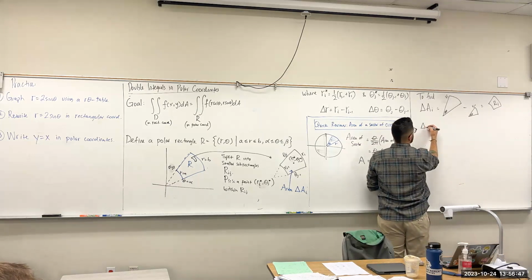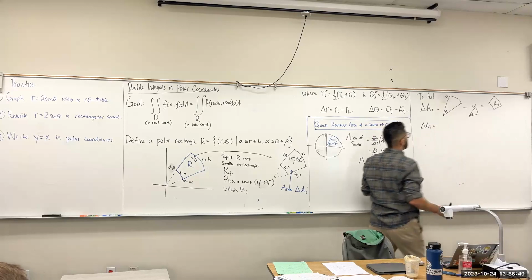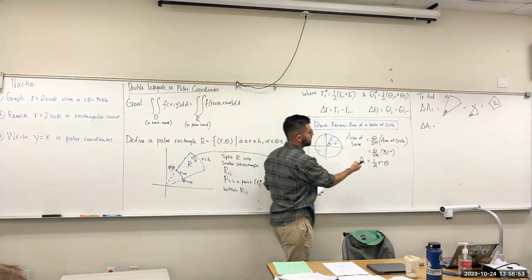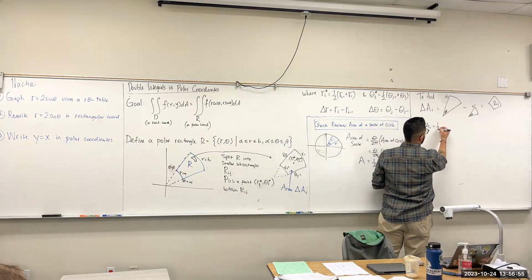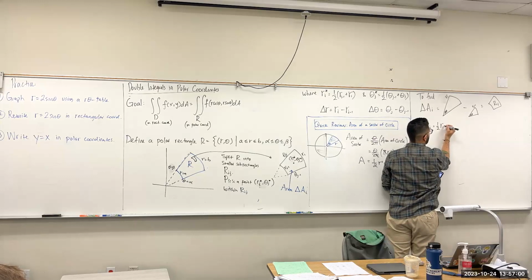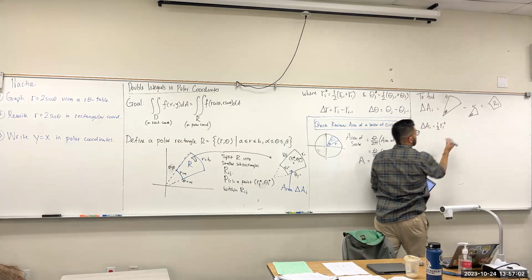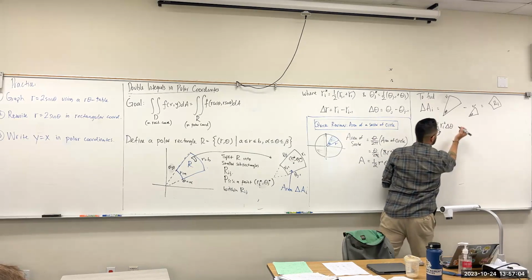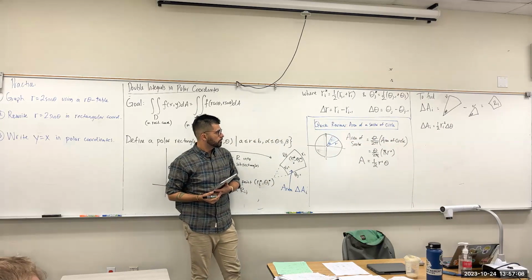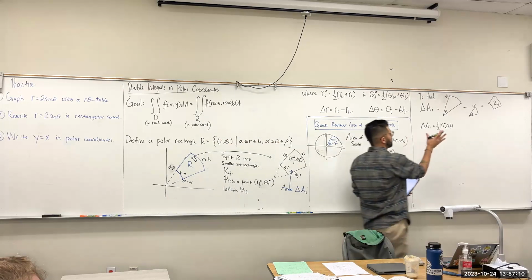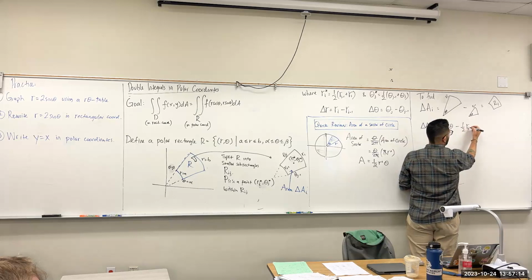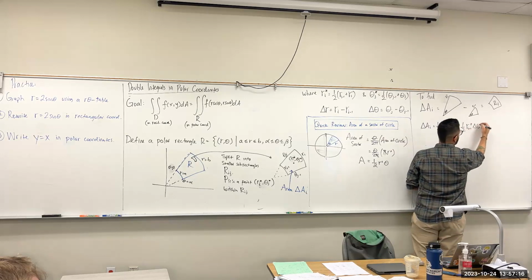So then therefore, delta A_i, if I use this formula here, it's going to be 1/2 times my radius squared, r_i squared, times delta theta, the angle between those two lines. That's the area of the big guy, minus 1/2 r_{i-1} squared delta theta.